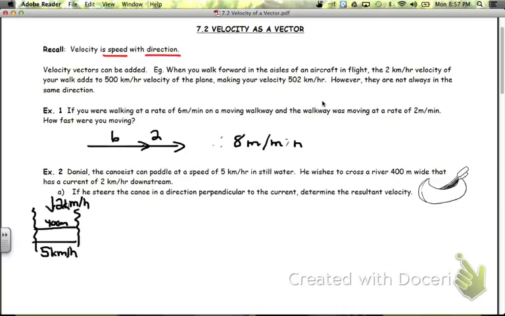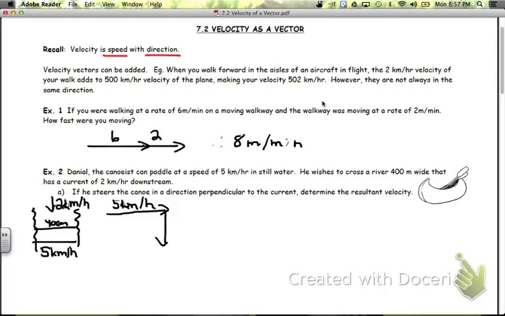So when we do this, we have our vector here, which is our 5 kilometers per hour. That's the speed that Daniel is paddling at. And then we have our vector that is going to be downstream.